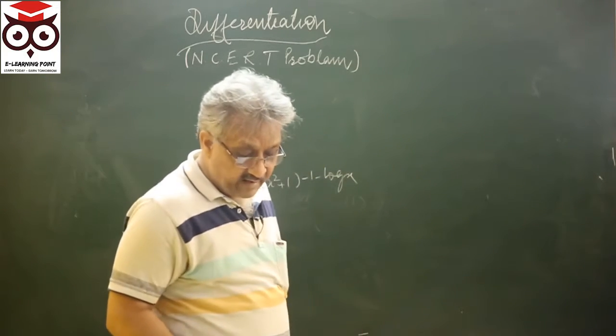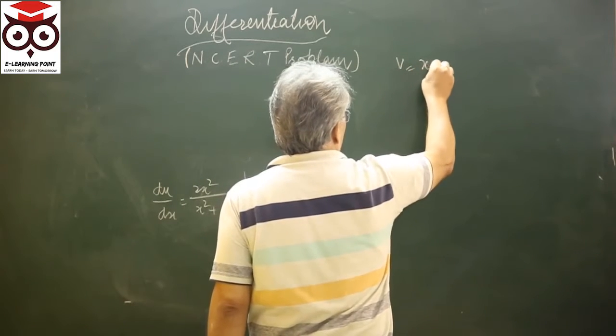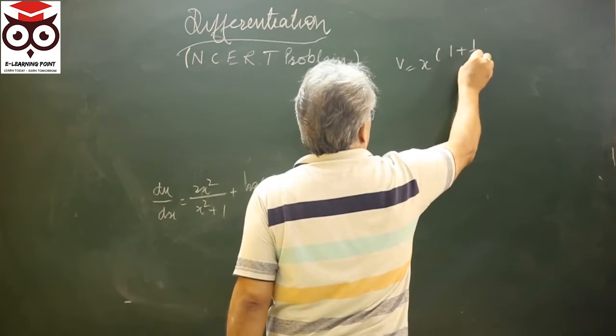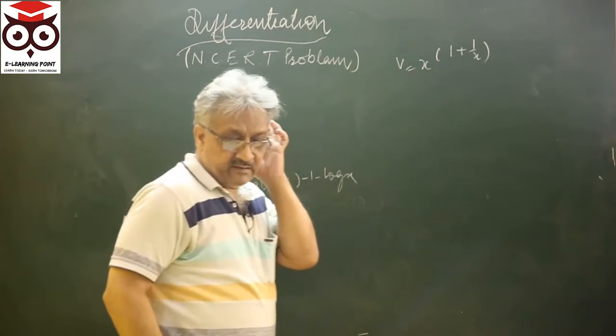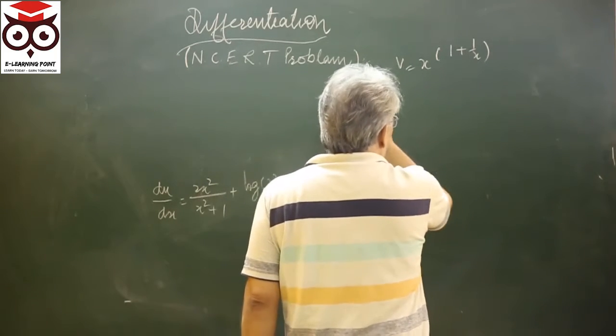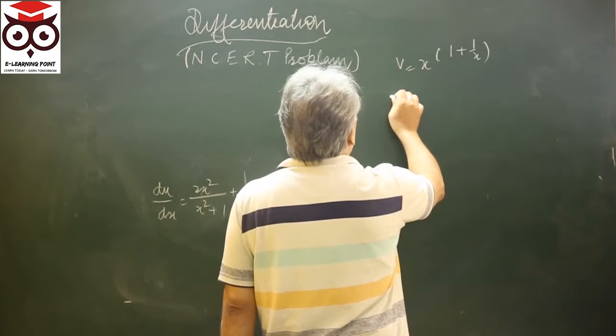This is given: v is equal to x to the power 1 plus x. This is given. Now, first of all, you will sort it out with the help of log.